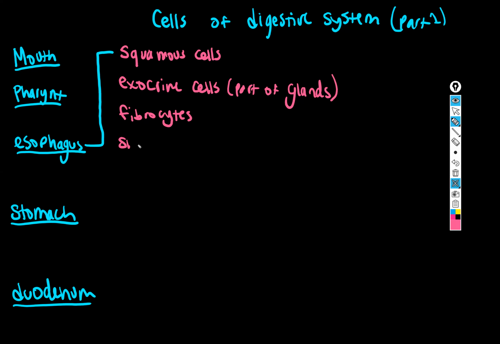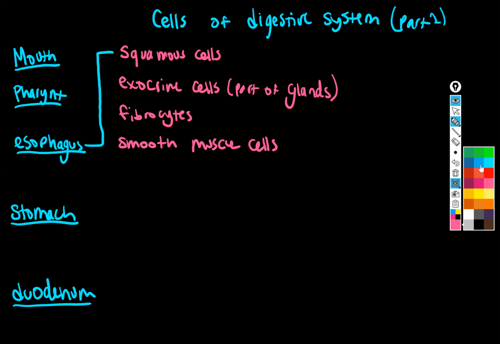And then we have smooth muscle cells. And those are, of course, going to make up the walls of the muscularis externa that perform peristalsis. So right now I'm just talking about the different component cell types.